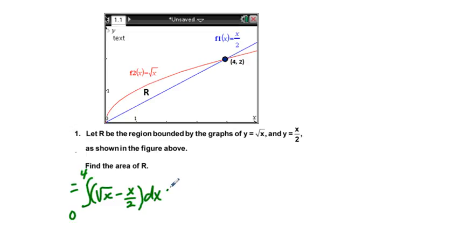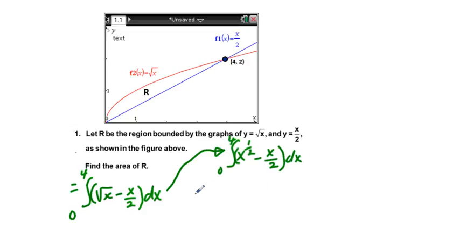I'm going to bring this up here, leave a little more room. We're going to rewrite this in what I call calculus-friendly form: 0 to 4, and square root of x is going to be x to the 1/2 power, minus x over 2, dx.